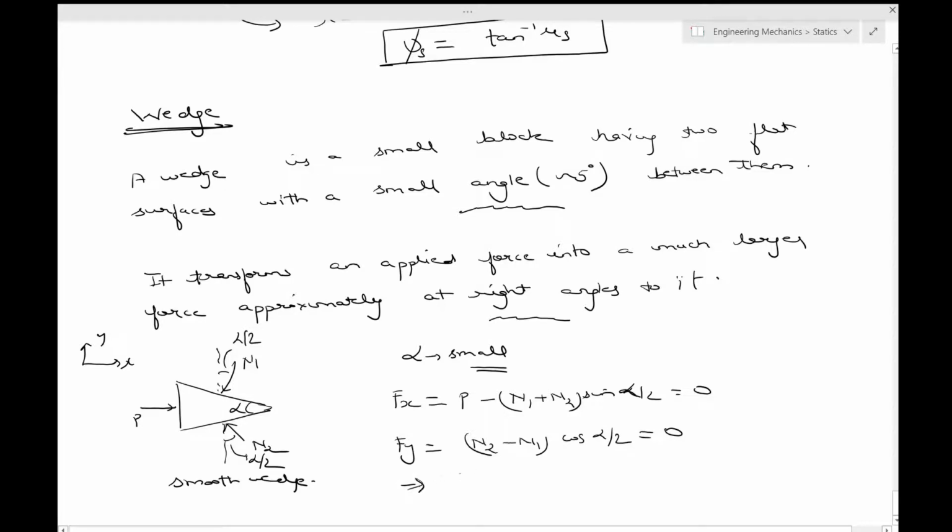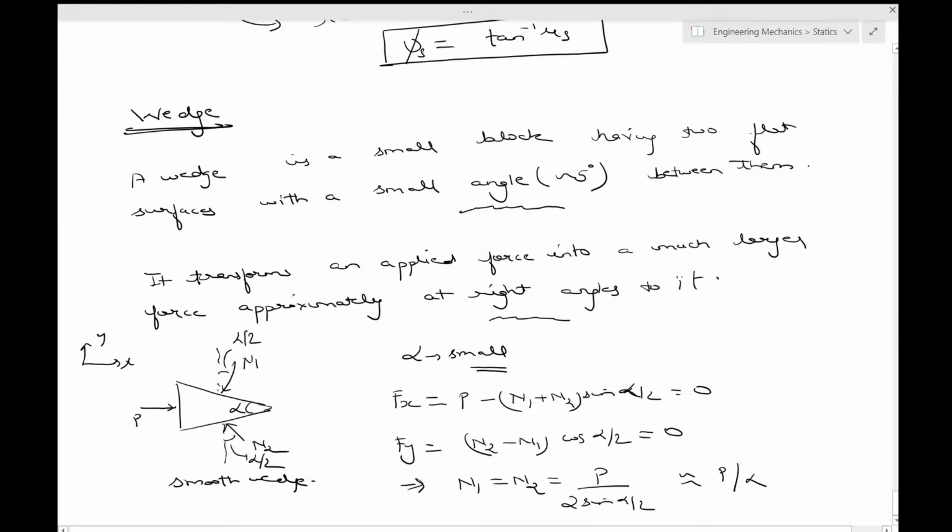So when both of them are taken together, then you can say that N1 is equal to N2 is equal to P divided by 2 sine alpha by 2.